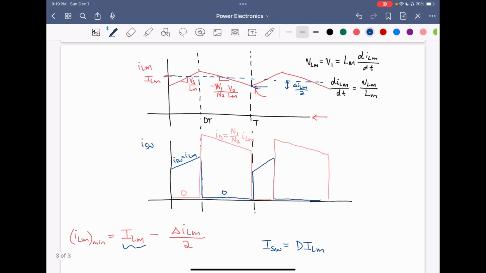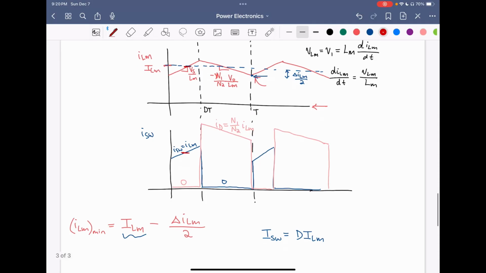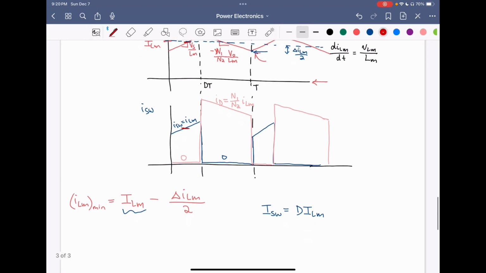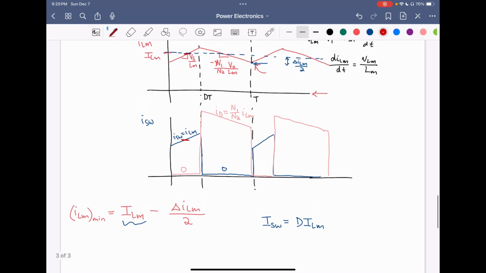And we can see that from this waveform here, because the average value in the D interval is the same as in the case for the switch current. But because the switch current is only on during the D interval, we're simply going to have this relationship here.